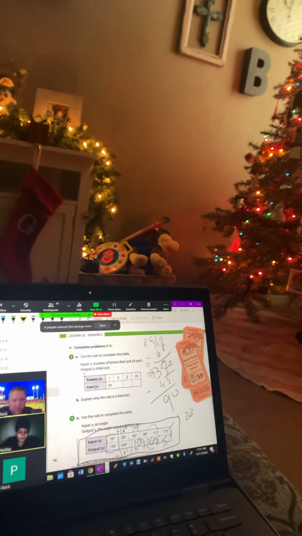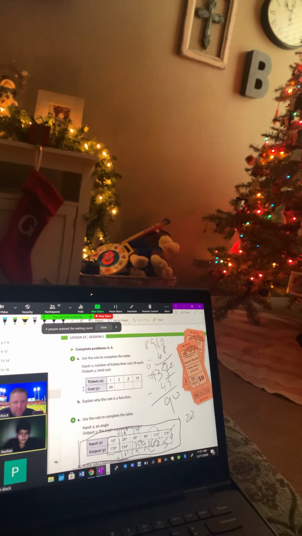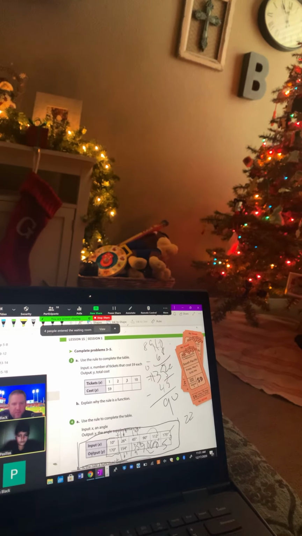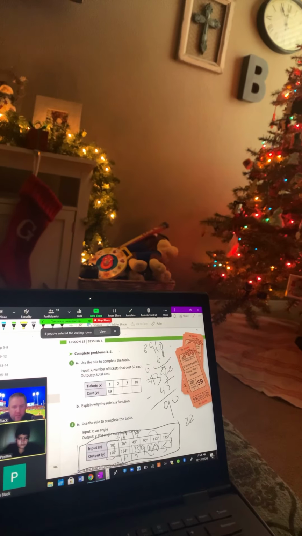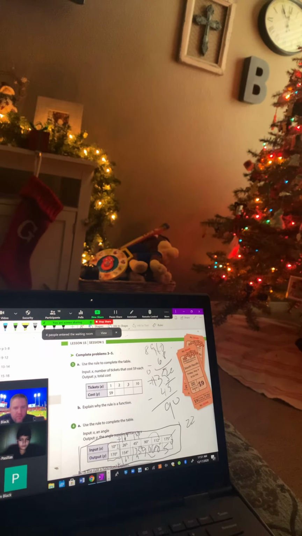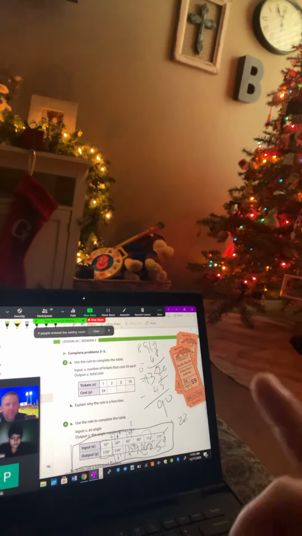You are muted. What makes this a function? Because it only has what? A straight line, if it's not. So that would be a linear function.